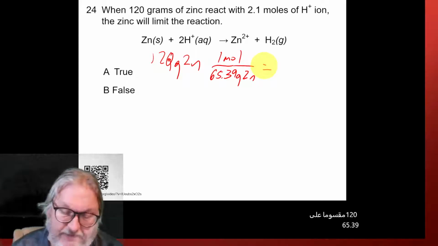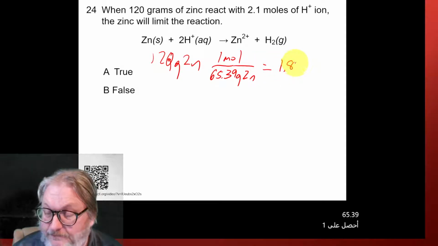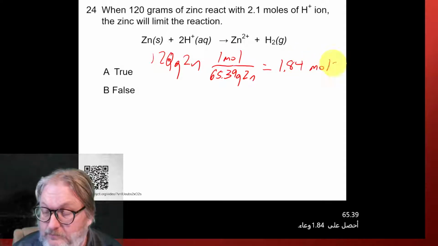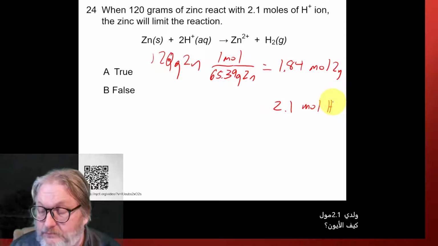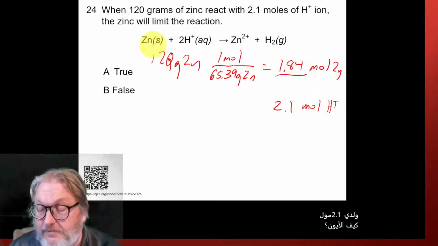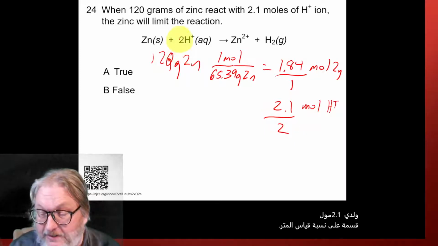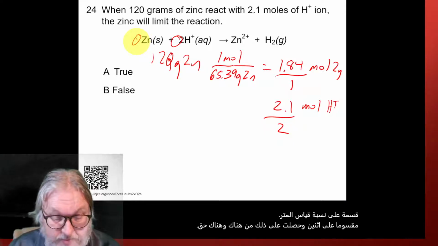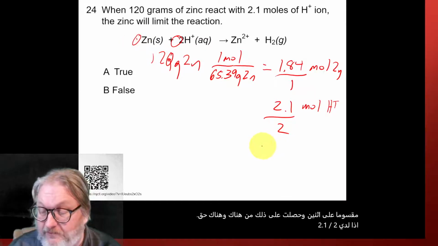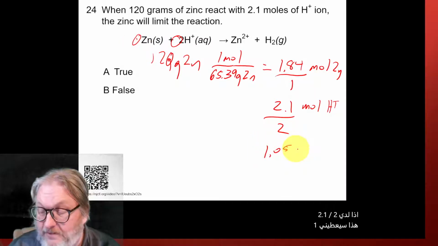I get 1.84 moles. And I've got 2.1 moles of hydrogen ion. Okay. Divide by the stoichiometric ratio. Divided by 2. And I got that from right there and right there. So 2.1 divided by 2. That's going to give me 1.05 moles of hydrogen ion available.